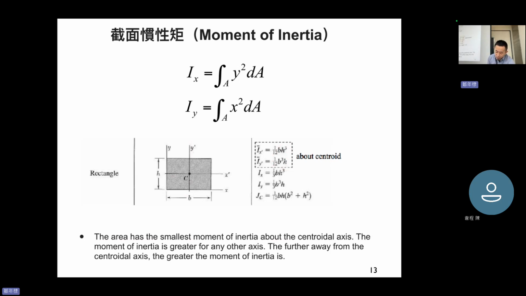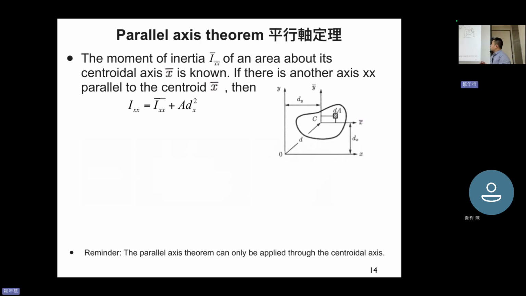And if you go for the edge, you will have 1/3 bh cubed. So Ix and Iy are greater than I x-bar, I y-bar. The bar and x prime and y prime mean it goes through the centroid. I believe I told you before, so just a quick review.